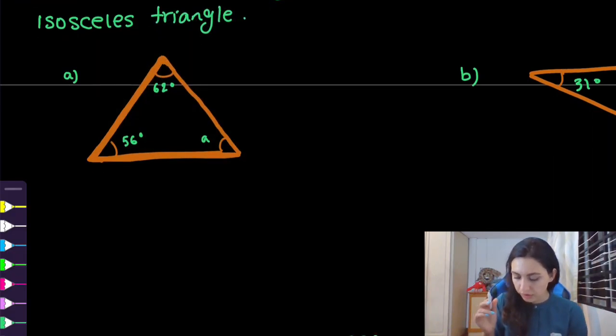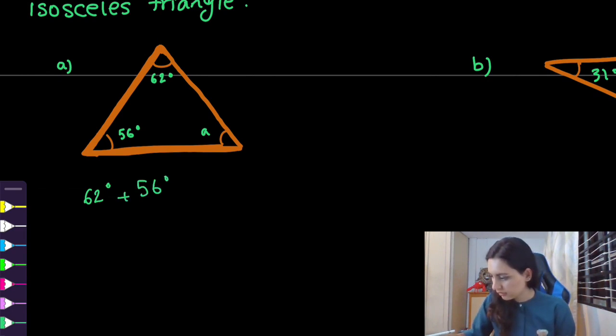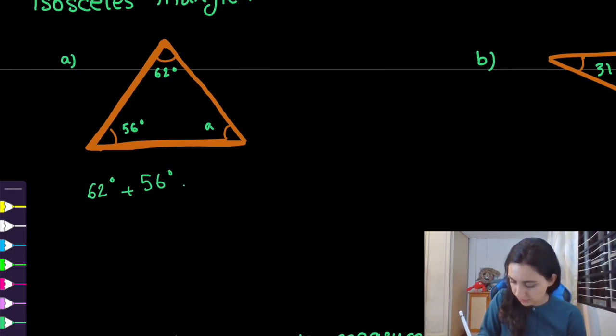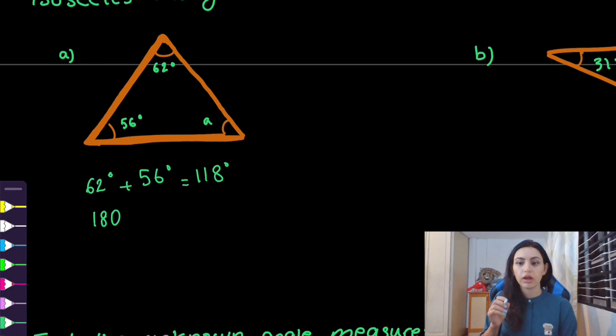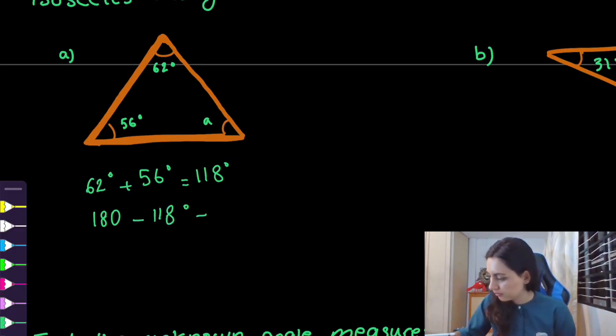Okay, so what we can do, first we do 62 plus 56 degrees, which will be 118 degrees. And then we say 180, which is the total when we add all the angles together. We subtract 118 from it.